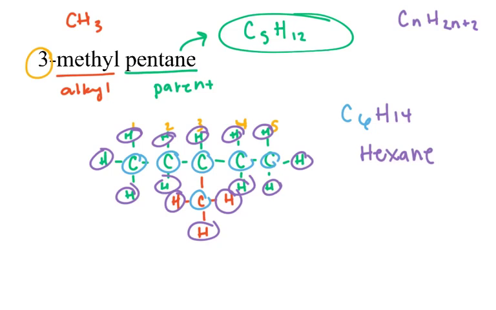So what we can talk about from here is that hexane and 3-methylpentane are isomers.